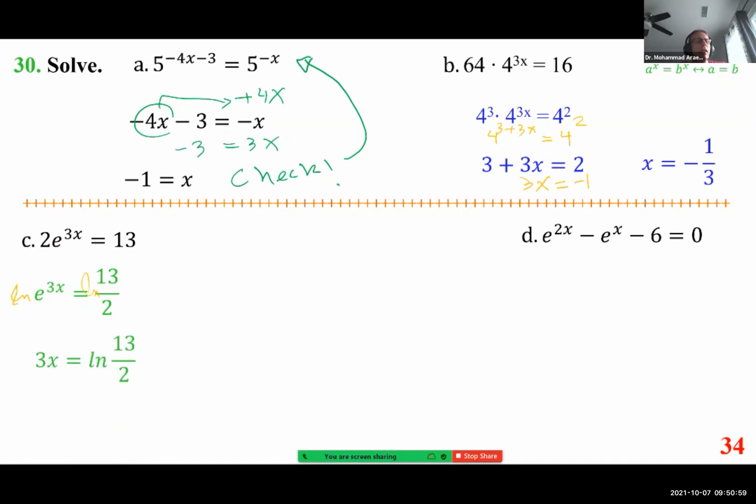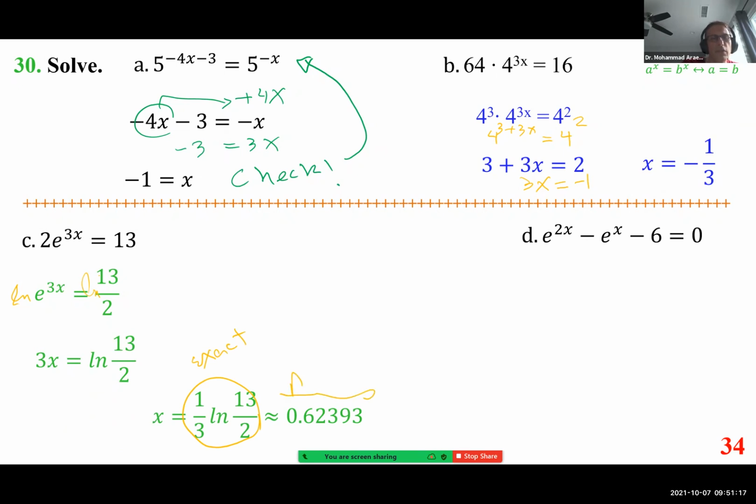And please understand, ln of the right side is the number, ln 13/2, that you can use a calculator to get to. Now, division by 3 gives you the precise answer. Now, this is the exact answer. And then this is an approximation with a bunch of decimals. How many decimals? It depends.